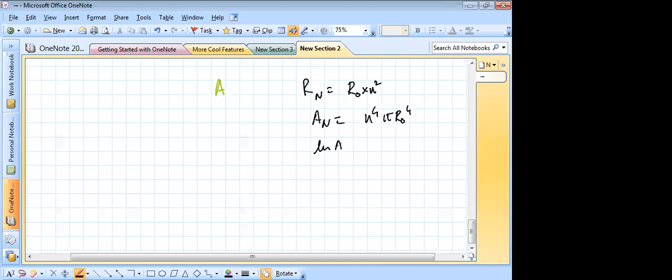So ln of an by a naught or whatever, you can calculate this. ठीक है बेटा, understood? Arman, understood this, no? Yes, sir.